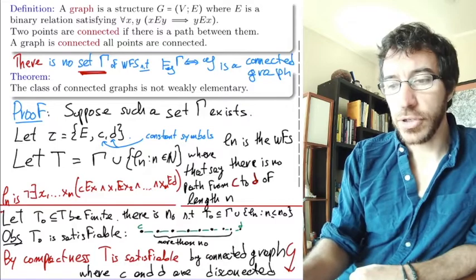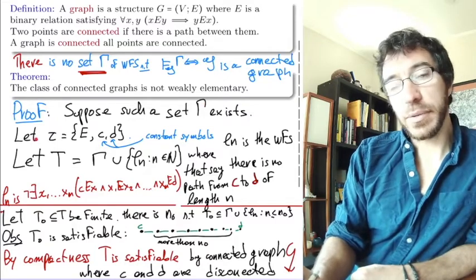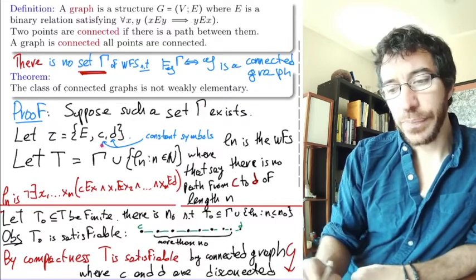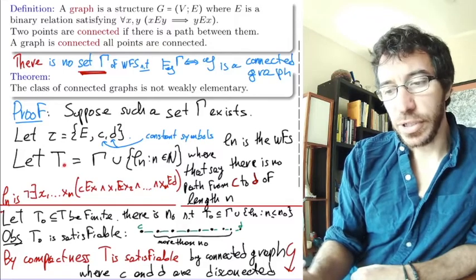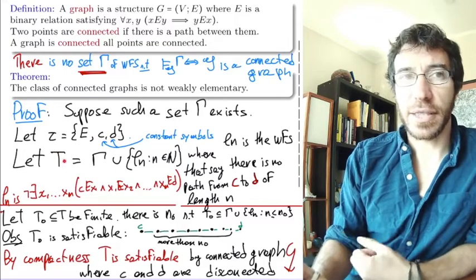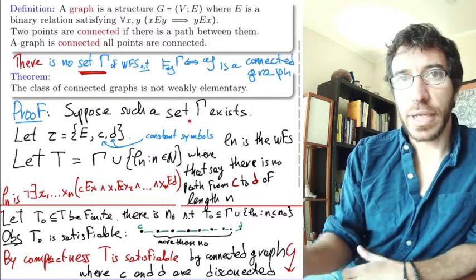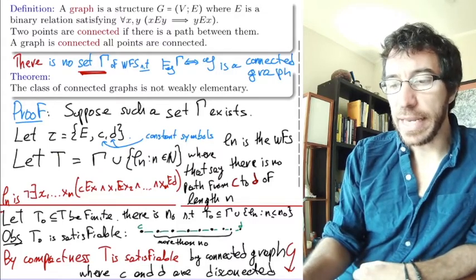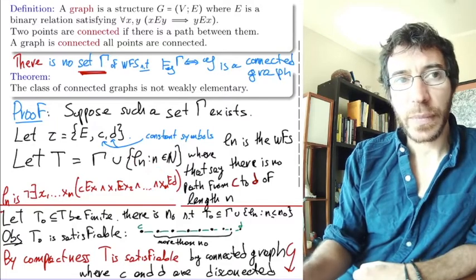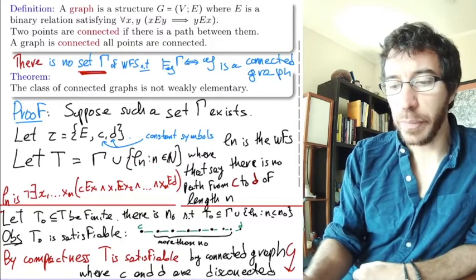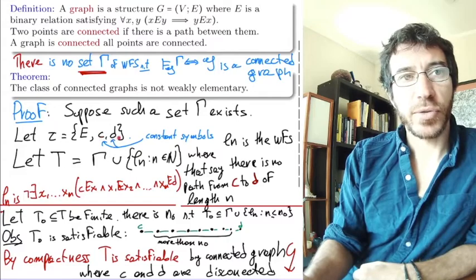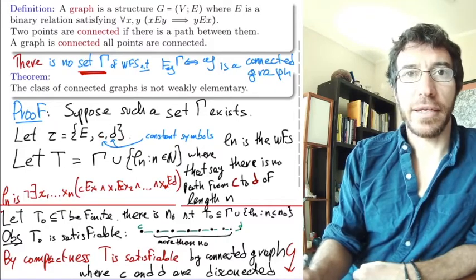How do we get the contradiction? Well, we extended the vocabulary with two new symbols, C and D, and then we consider this theory, this set of sentences. The set of sentences contains gamma, the one that we are assuming axiomatizes connected graphs, and we added all these sentences where phi sub n says there is no path from C to D of length n.